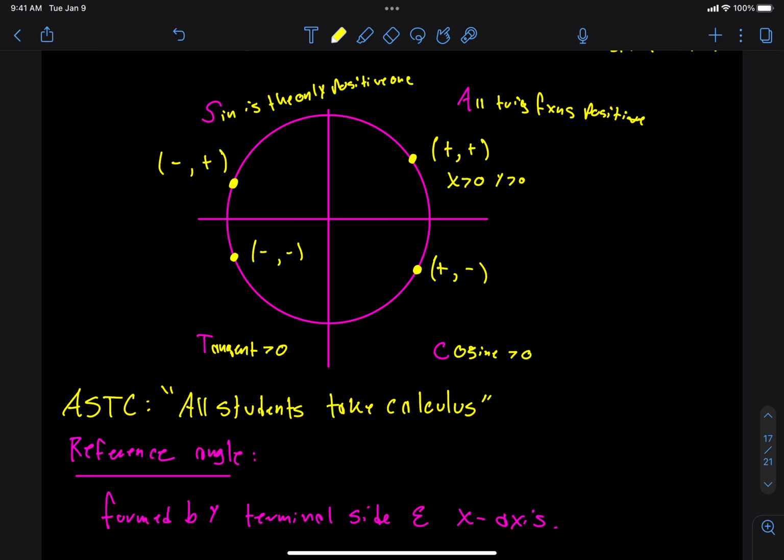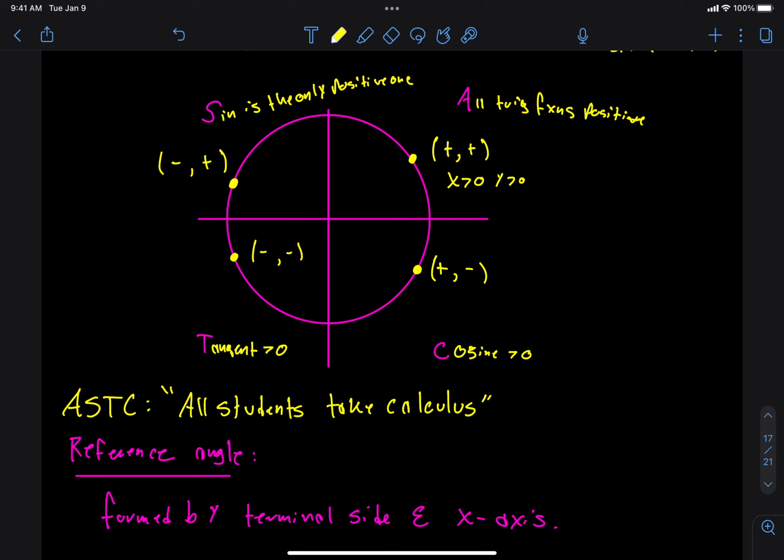So the coordinates of this point will be, I think, negative 1/2 and then square root 3 over 2, right? So sine, in both cases, is going to be the y value of the point on the unit circle which that angle points at.